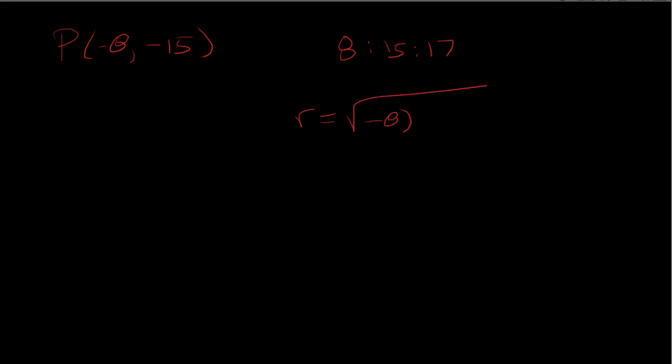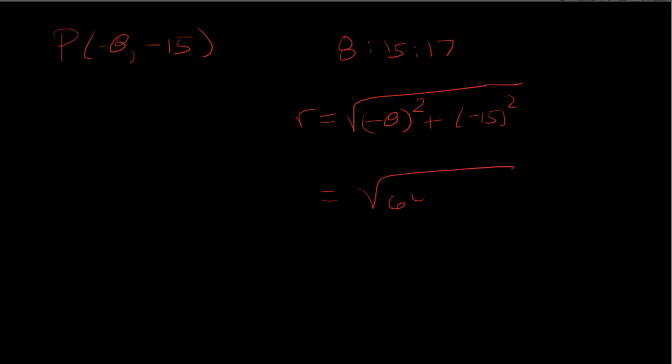Let's say we have negative 8, negative 15. So I recognize that there's a Pythagorean triple, 8, 15, 17. So if you don't recognize this, you can just say, okay, r is equal to the square root of negative 8 squared plus negative 15 squared.